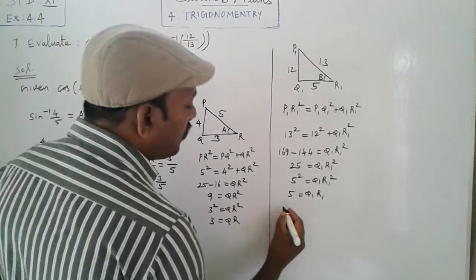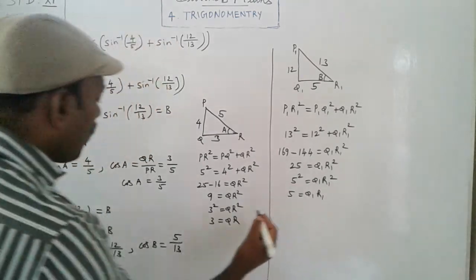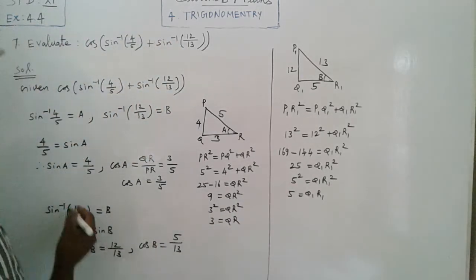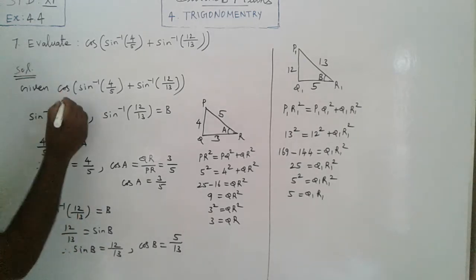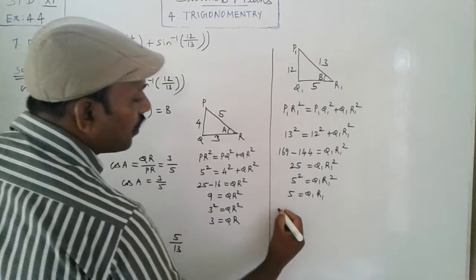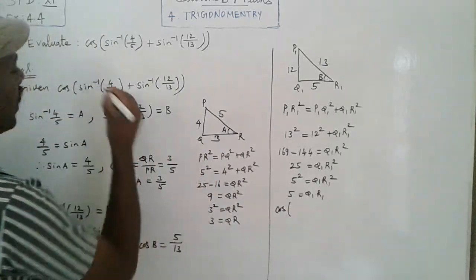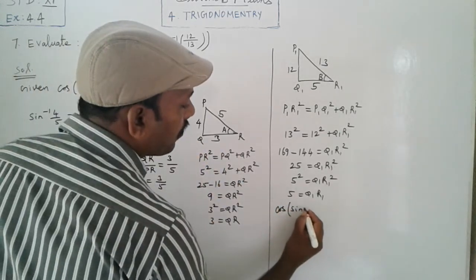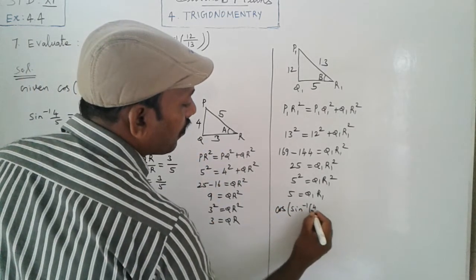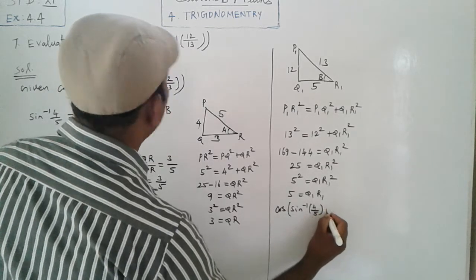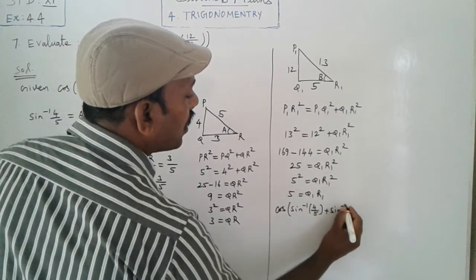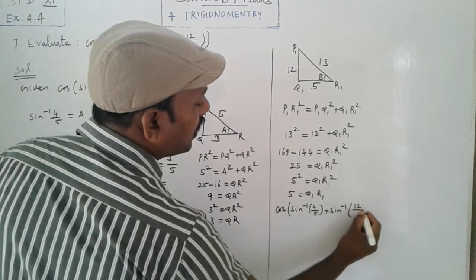We know the formula. We should write cos of A plus B, where A is sin inverse 4 by 5 plus sin inverse 12 divided by 13.